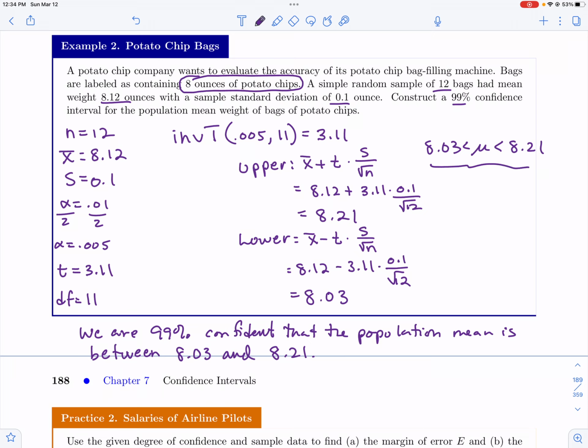It would be bad if you were running the company because giving even just a little bit more is going to cut into your profits. So in this case, I'd say that their machine's not quite accurate enough. It's putting in a few more potato chips than it should be if the population mean doesn't actually live within that interval.